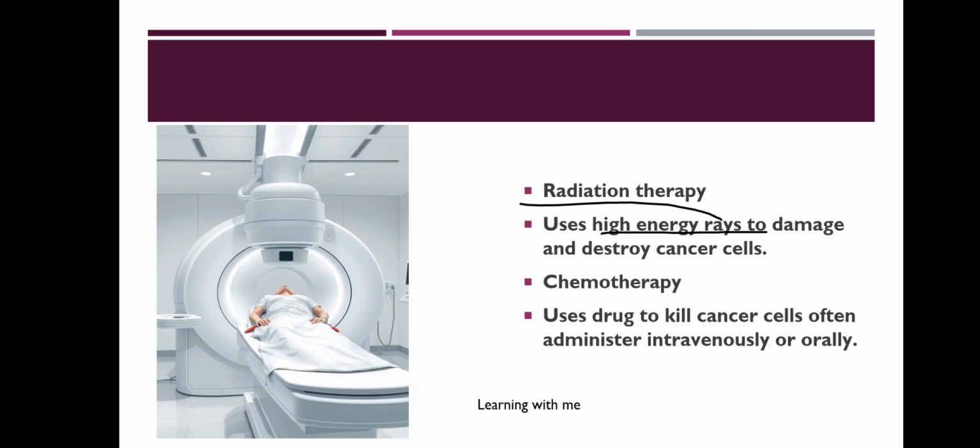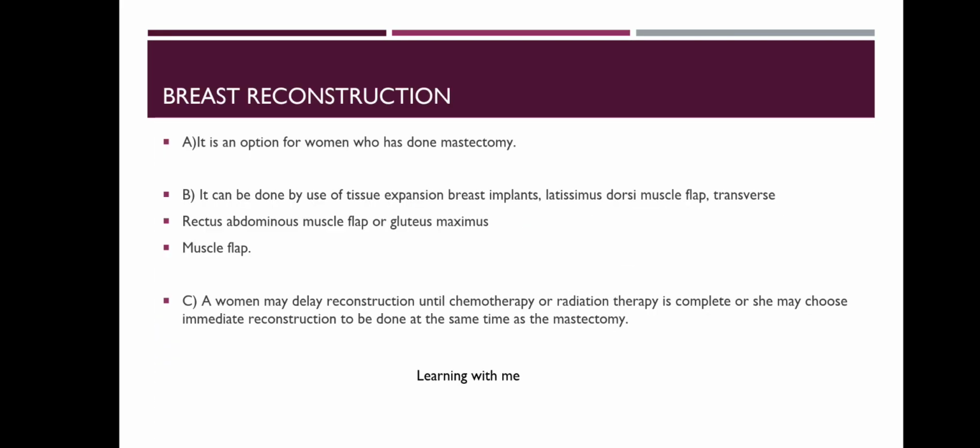Radiation therapy uses high energy rays to damage and destroy the cancer cells. Chemotherapy uses drugs to kill the cancer cells, often administered intravenously or orally. Breast reconstruction is an option for women who have had a mastectomy.